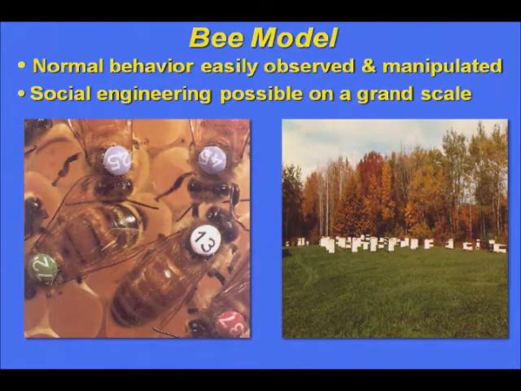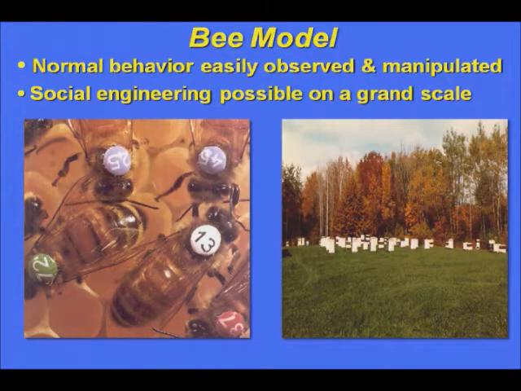So each of these stacks of white boxes that you see here is a bee colony. It's a family. It consists of anywhere from 20 to 50,000 individuals. They're all related. There's a queen. And it's possible to conduct social engineering experiments where we can change the social environment of the individuals in the colony with great precision, replicate that to a large level, and as you can see with the number of stacks here, each of them being a colony, replicate this under natural conditions, and then study the effects at different levels of biological organization.